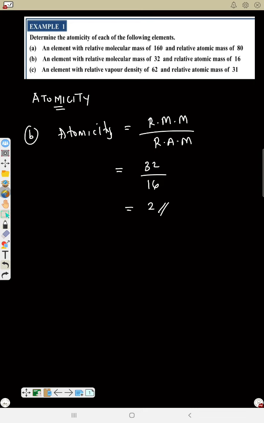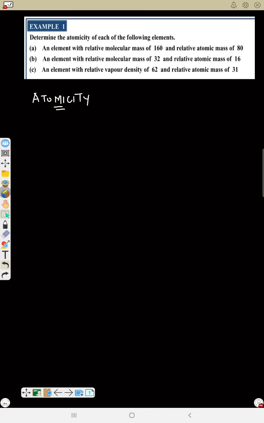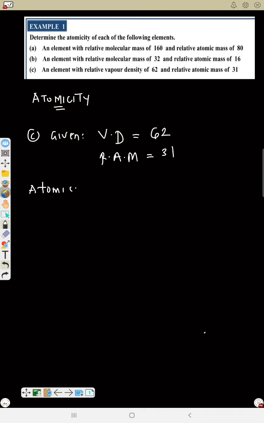Then let's take the C part. Again, an element with vapor density. See the data given for C: the vapor density is 62, and relative atomic mass, RAM, is equal to 31. What is the atomicity in terms of vapor density?